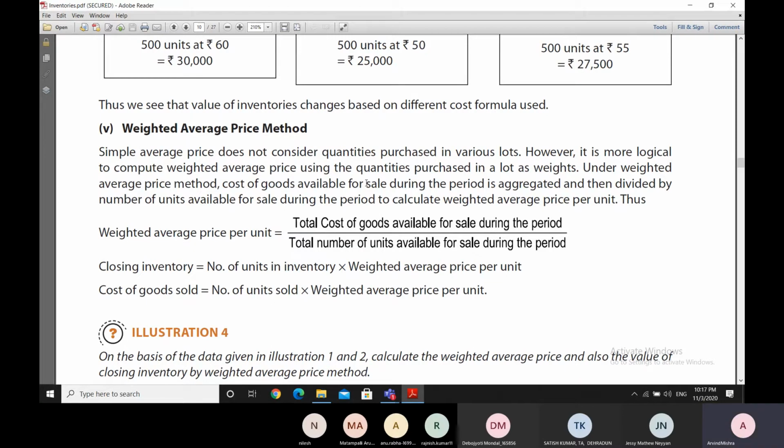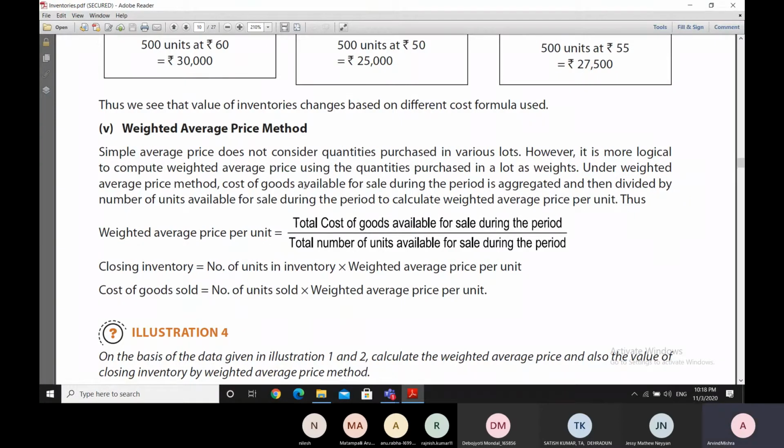So therefore, under the weighted average price method, the cost of the goods available for sale, or the cost of the goods available as inventory during the period, is aggregated and then divided by the number of units. The total cost is aggregated instead of aggregating the price.